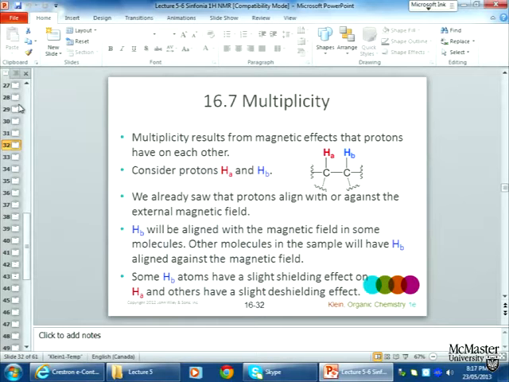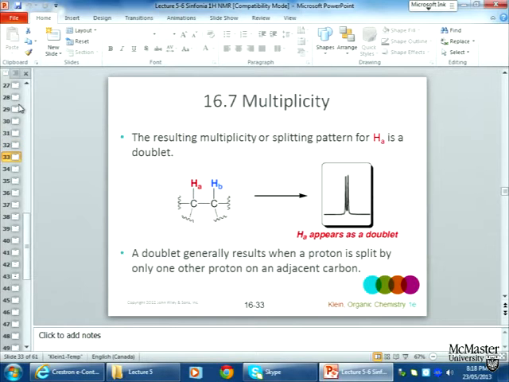So we see a signal called a doublet, 2 peaks instead of 1, okay, centered around the true chemical shift. So HA only has 1 chemical shift. This is not a difference in chemical shift. This multiplicity is something else. It's caused by the number of protons next door. Okay, so in slide 33, we see that HA appears as a doublet because there is 1 neighboring proton.